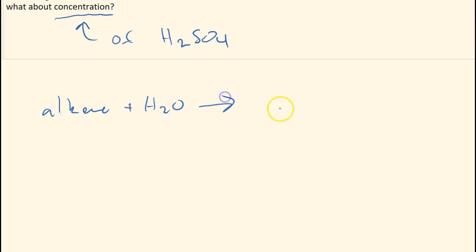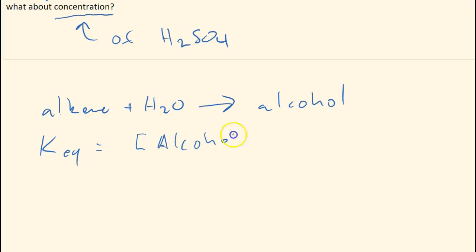Now you may be suspecting that temperature is not the only variable that we can manipulate to change the outcome. We can also manipulate the concentration of the H2SO4. So, if our reaction is alkene plus water yields alcohol, then our equilibrium constant is going to equal the concentration of the alcohol over the concentration of the alkene times the concentration of the water.